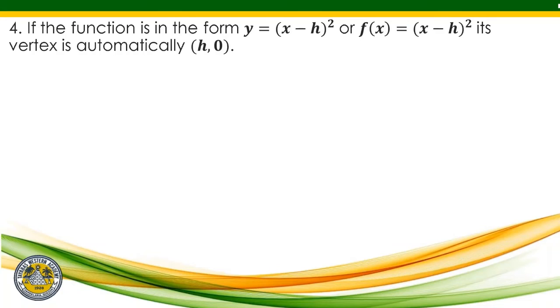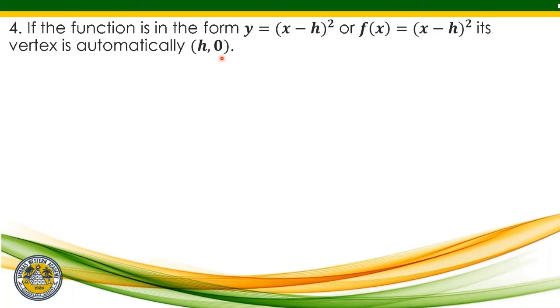And number 4, page 197, if the function is in the form of y is equal to quantity x minus h squared, or f of x is equal to quantity x minus h squared, its vertex is automatically h and 0. So dito naman, ang may value naman ay yung h or yung value ng x.